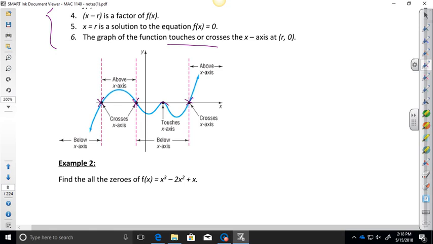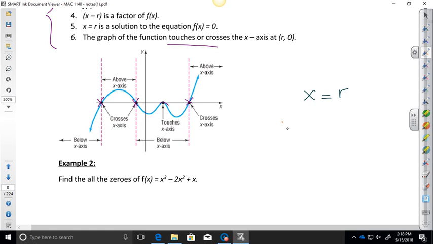We're going to look at something called the multiplicities of the zeros. Multiplicity. What is the multiplicity of a zero? The multiplicity of a zero is the exponent of that factor. Suppose x equals r is a zero, right?